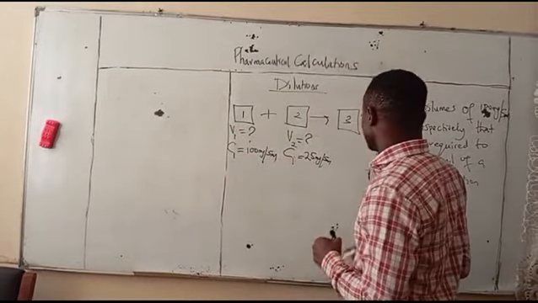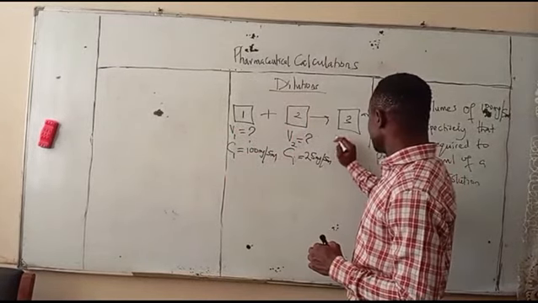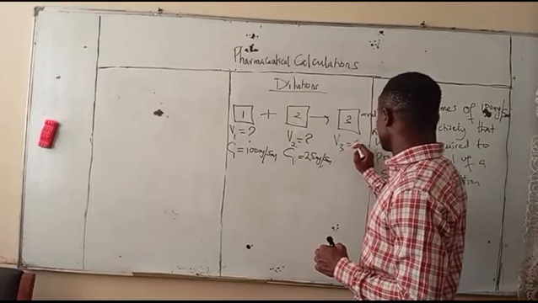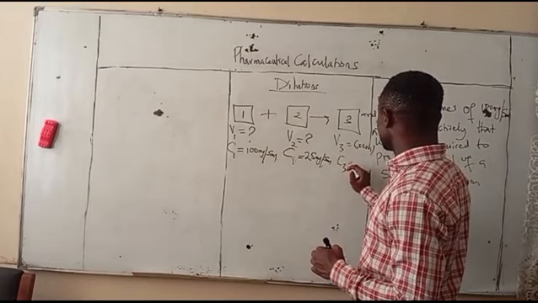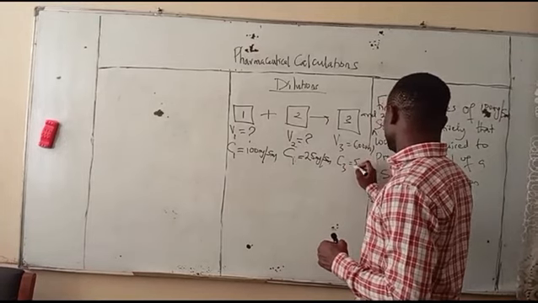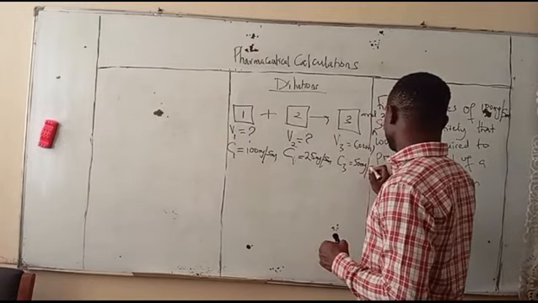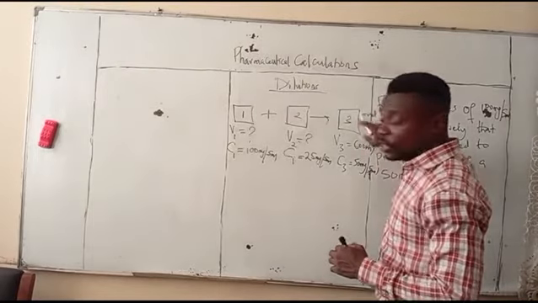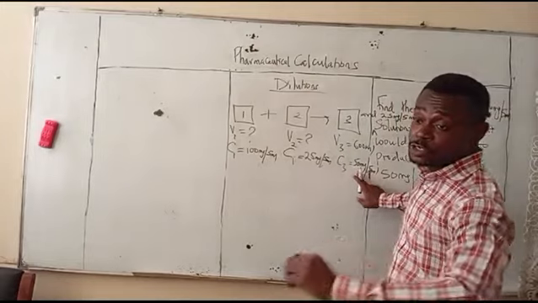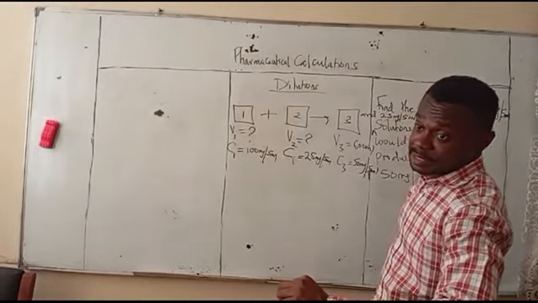For this third solution, the volume V3 is unknown, and the concentration is 50 mg per 5 ml. That means if you take 5 ml of this solution, it will contain 50 milligram of sodium chloride. Does it make sense?